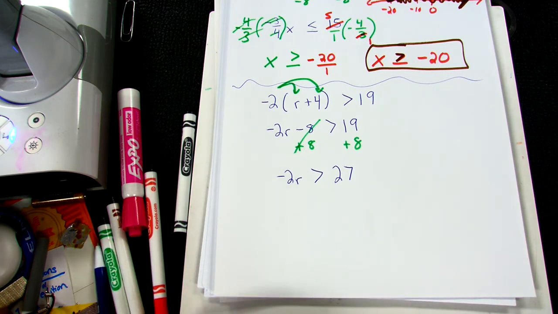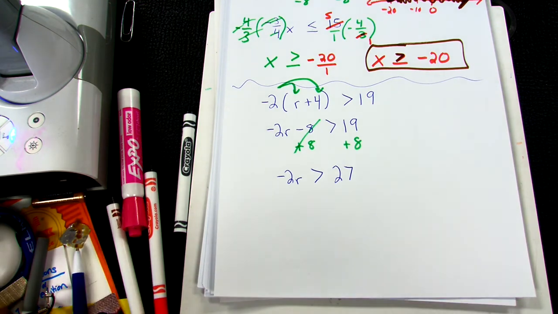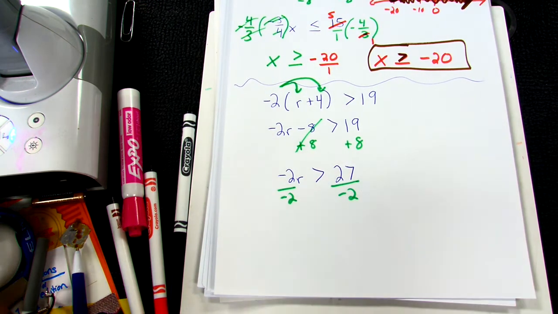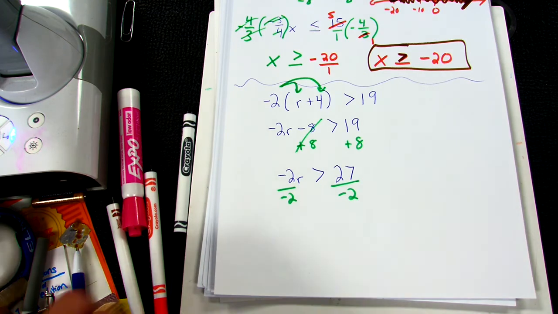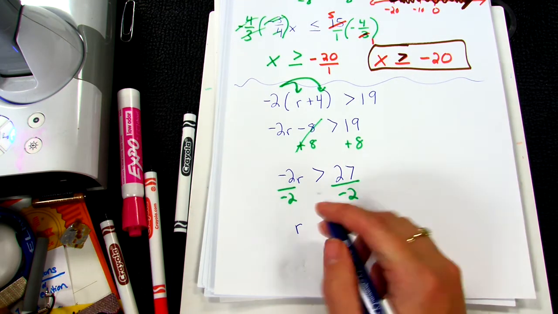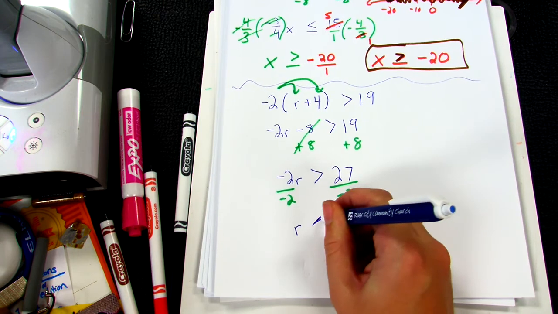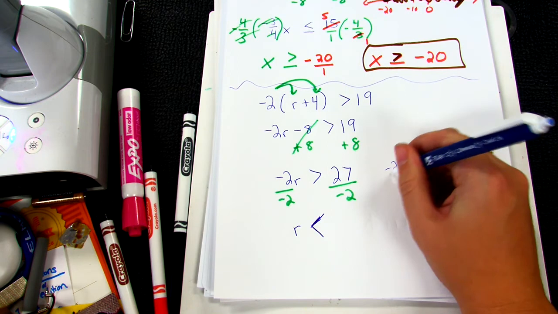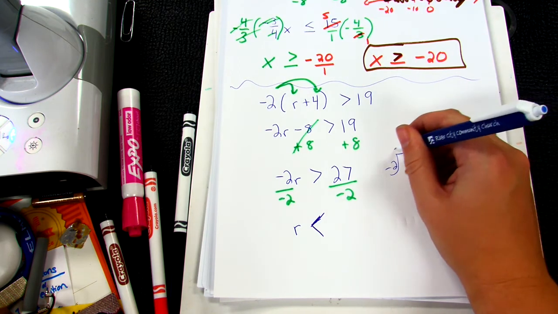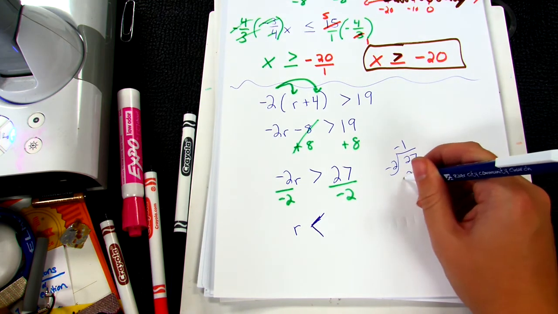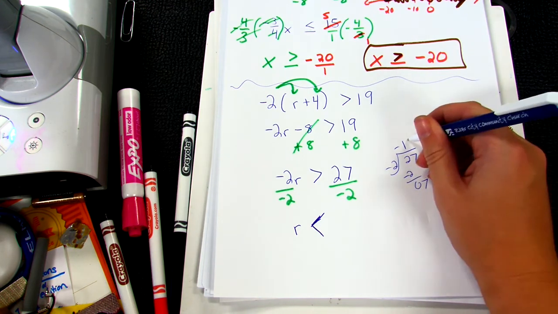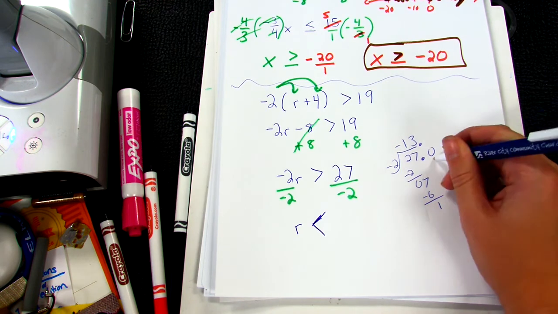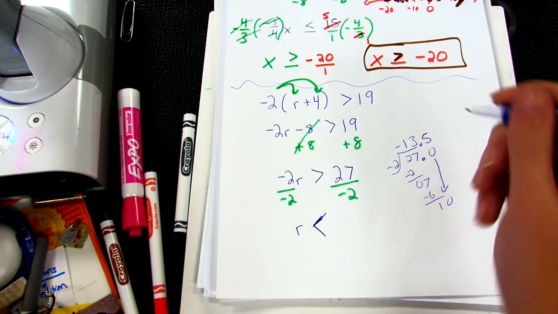And now we have to solve for r, so we have to divide both sides by negative 2. Leaving me r. I divided by a negative, which means my sign flips. And 27 divided by negative 2 becomes negative 13.5.